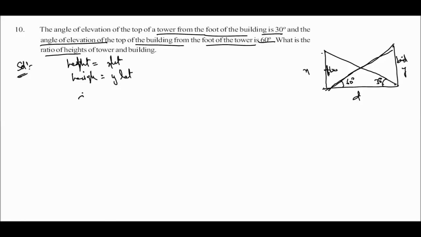The distance is d here. So the angle of elevation of the top of the tower is 30 degrees, and the angle to the building is 60 degrees. But this is a building and this is a tower.